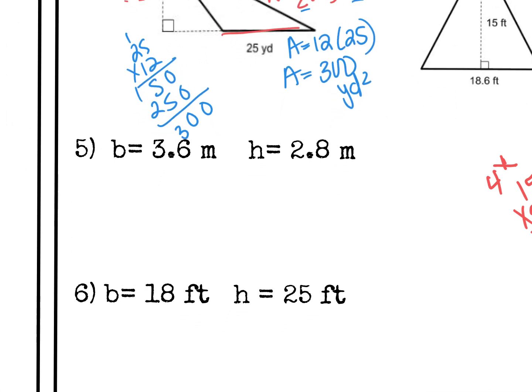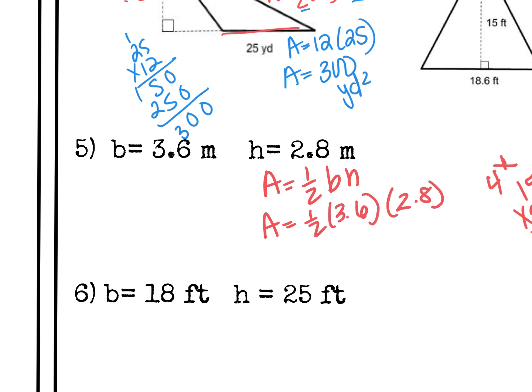Okay, so these right here, same thing. Write down the formula. Plug in your numbers. In this case, it already tells you what the base is and already tells you what the height is. Remember, work with that fraction to see where it's easiest to work with. Since it's all multiplication, you can actually multiply whatever numbers you want first. So I'm going to take half of 2.8.